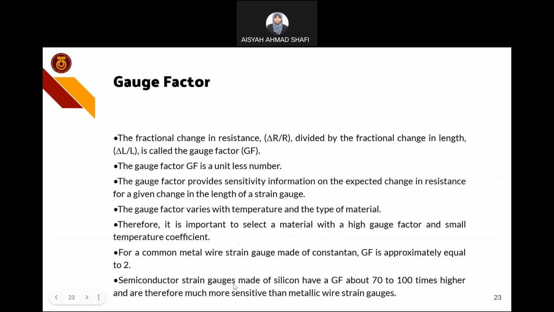And semiconductor strain gauges made of silicon have a gauge factor about 70 to 100 times higher, and therefore are much more sensitive than metallic wire strain gauges.